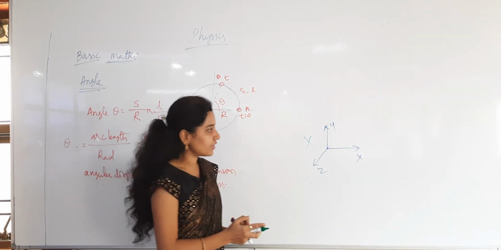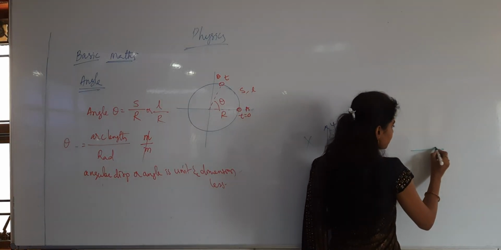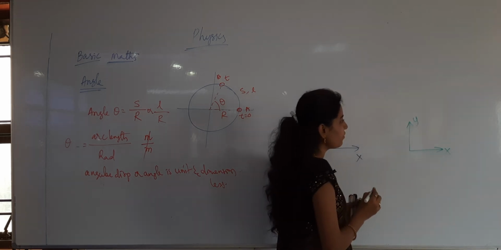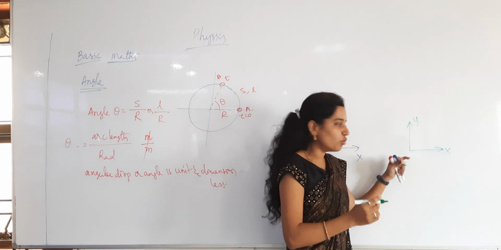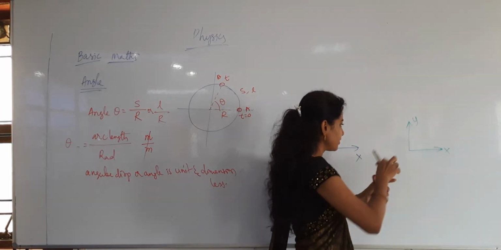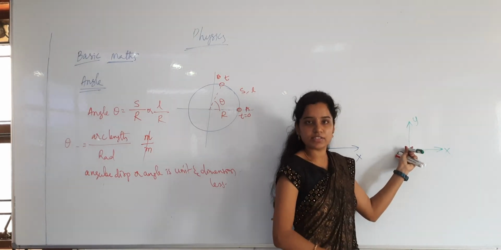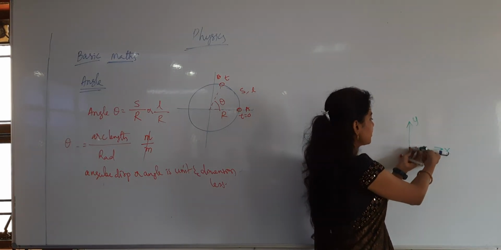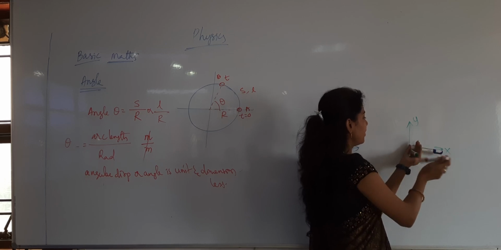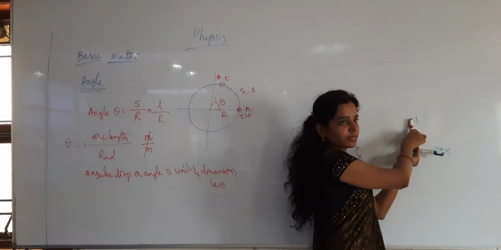Whenever you see the x axis in this direction and the y axis in this direction, now where will the z axis be? Out of the plane. The positive z axis will be out of the plane in this direction. This is the z axis, this is the x axis, and this will be the y axis.